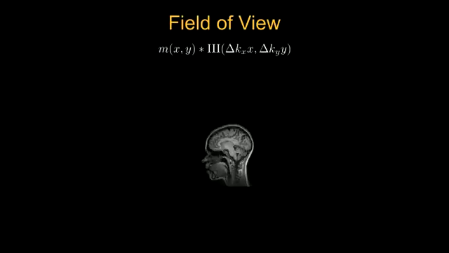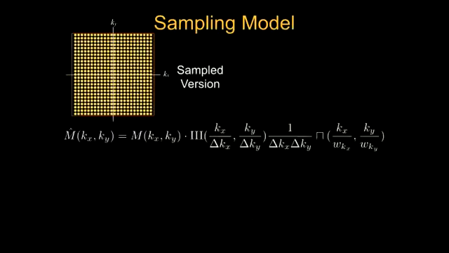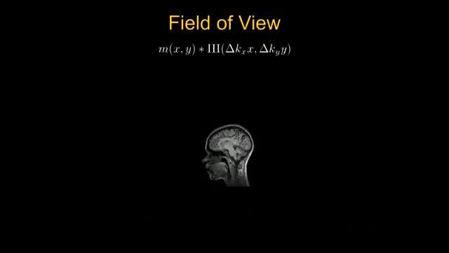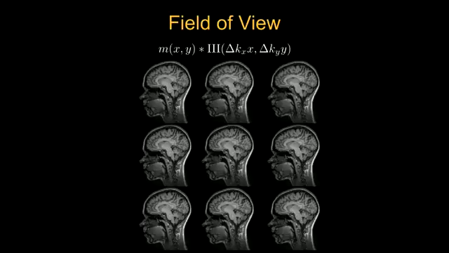Okay, so let's look at the field of view. As I said before, this is basically M(x,y) convolved with a comb function, right? And the distance of the comb function will be governed by what? Delta kx. So this is exactly what I meant. You have a brain image over here. When you apply the convolution with the comb function, it's going to be replicated, an infinite number of times, but I'm just showing one replication.